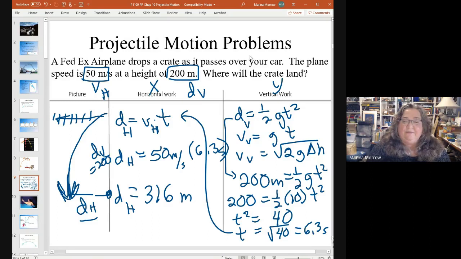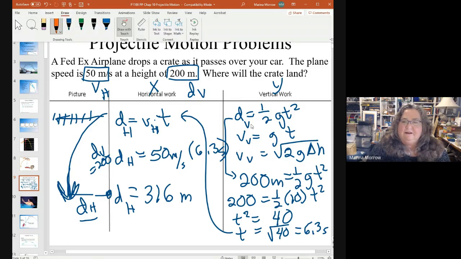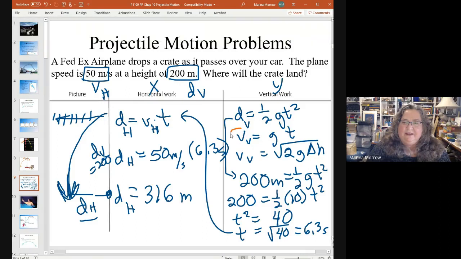That's pretty easy to do because we've already got the equations out that we need. We can figure out the final velocity in the vertical direction by using either of these two equations. Since we've already figured out the time, we could use this: g times t, that's 10 times the time.